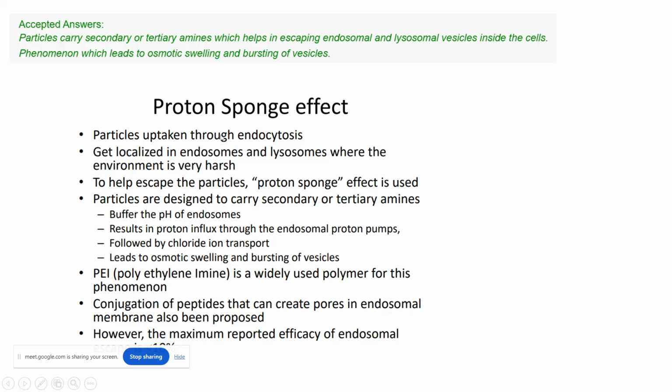So mostly the particles that are engulfed by the cells end up in the endosomes or lysosomal vesicles, and most of them get degraded if they are in the lysosomal compartments.